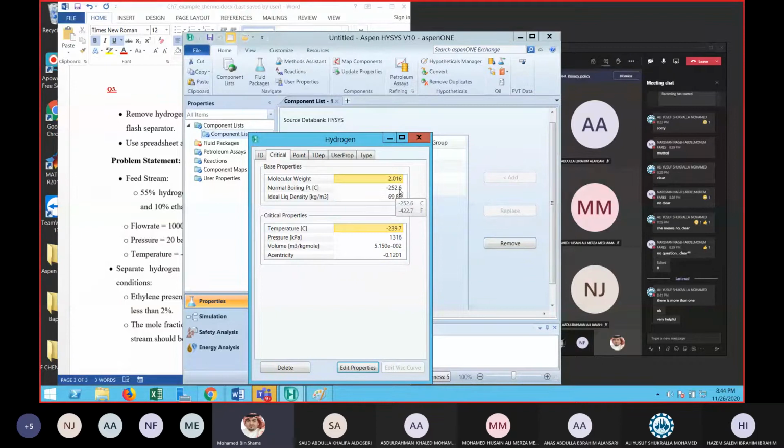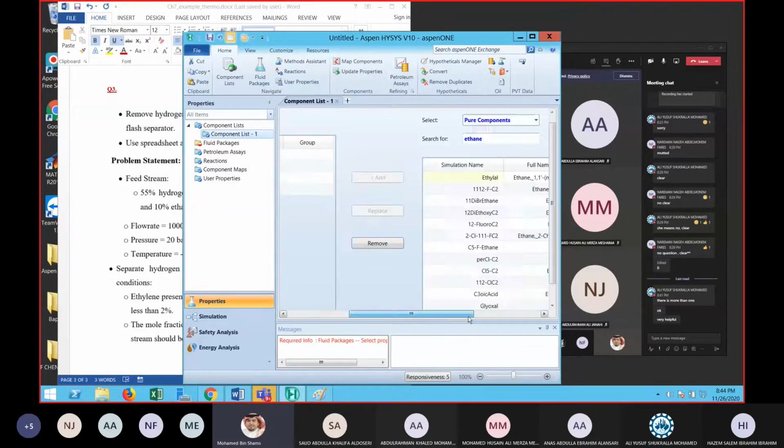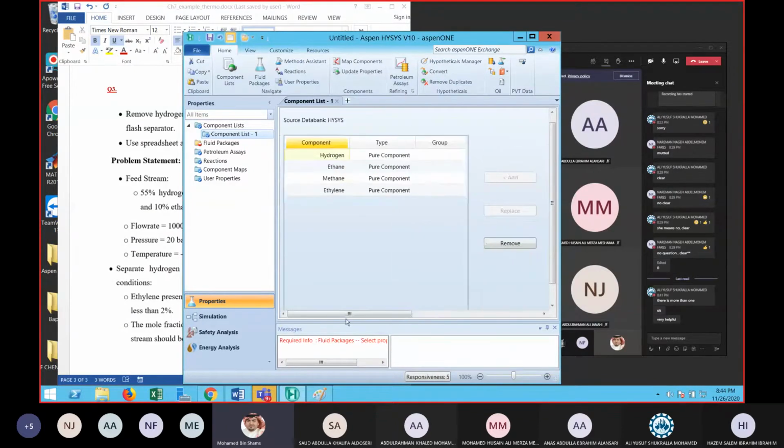So في السيبريتر I can expect إن الهيدروجين هو اللي بيكون في التوب. Okay. Now this is the kind اللي أقول لك أنا ما أبي أركز وايد الحين في التفاصيل. I leave this for you to explore it later. أنا الحين مركز على المين steps اللي تخليك تقدر تستخدم HYSYS. And I know that these things you will get it later.